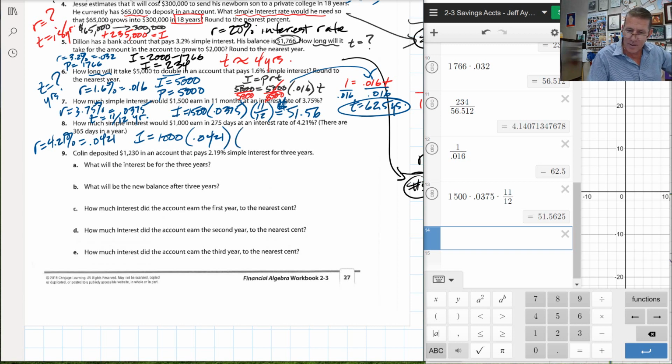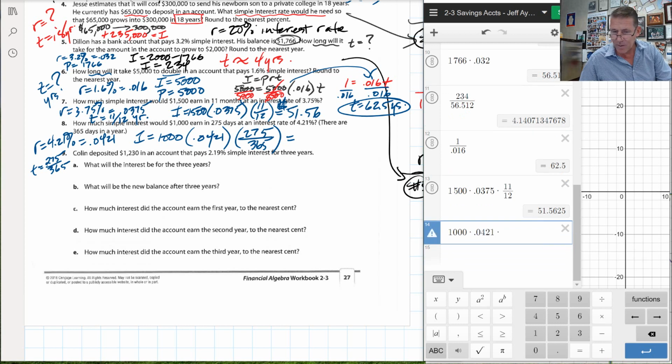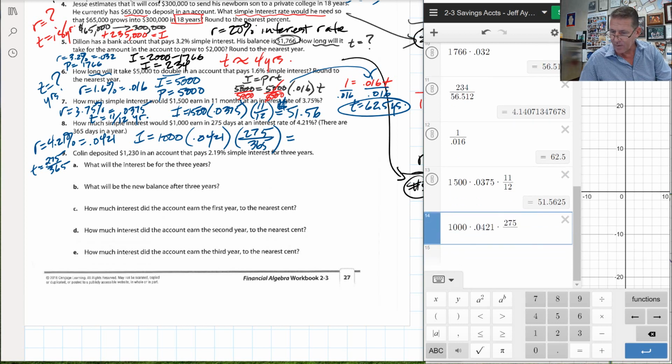Now in this case, t is not equal to 275, okay? This is in days. It's a fraction of a year, so it's 275 out of 365. So make sure you write it as a fraction of a year. There's 365 days in every year, as you guys know. So go down here and type in 1,000 times 0.0421 times 275 divided by 365.